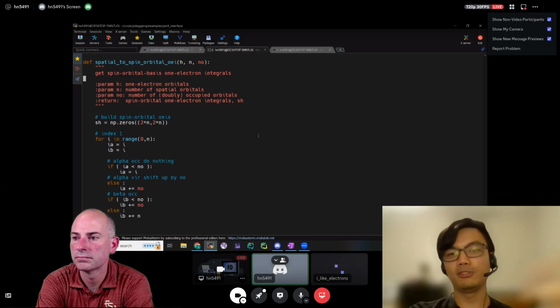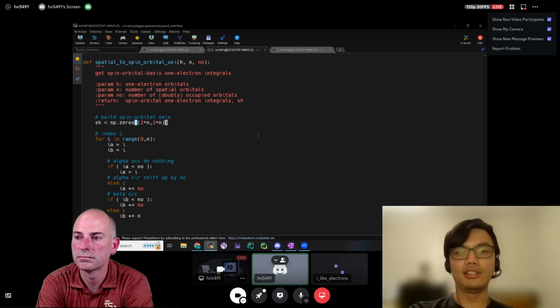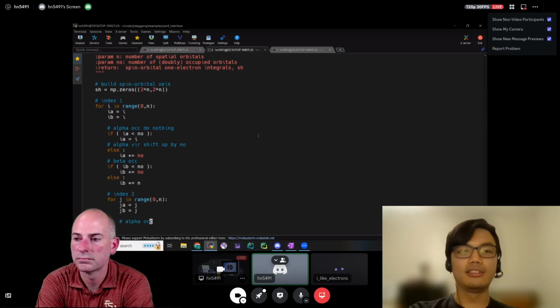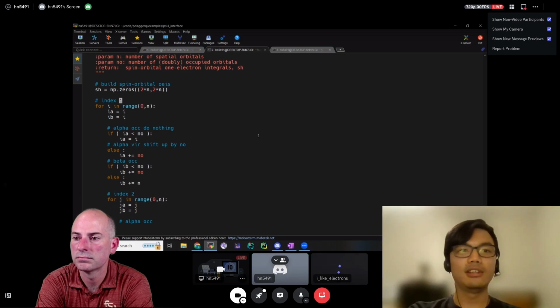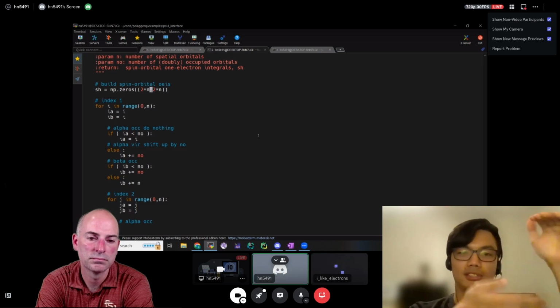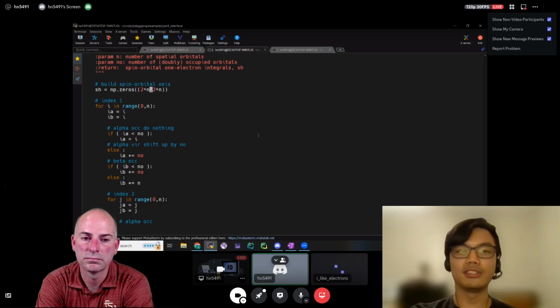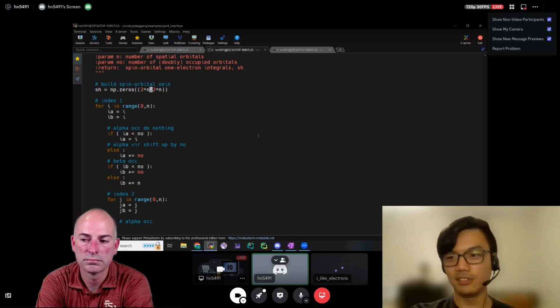But now we will have to switch this to in terms of different slices of alpha and beta, right? And here you can see there's a logic which basically goes through from the first orbital to the very end, the number of spatial orbitals, and you will blow up this one electron integral in terms of MO to something that doubles in its axis, so like 4 times the size, because we have twice as many spin orbitals as spatial orbitals.